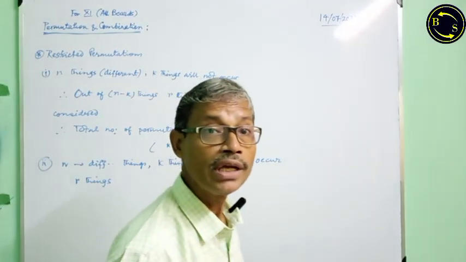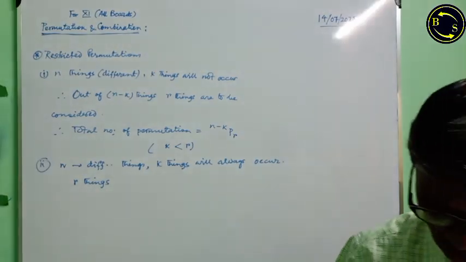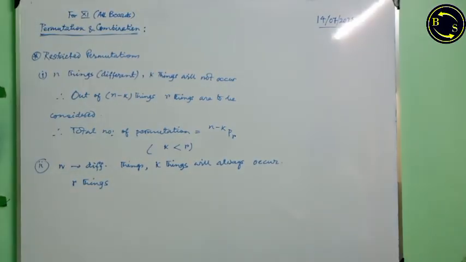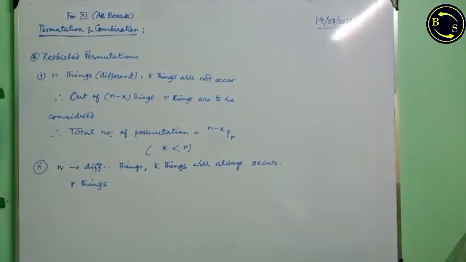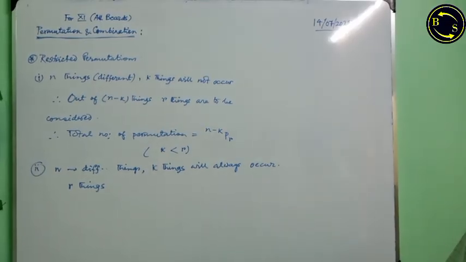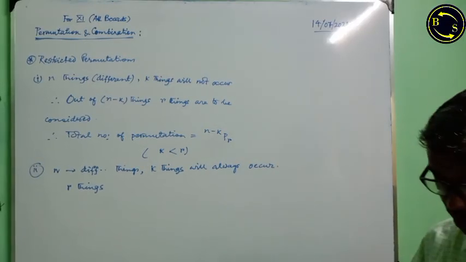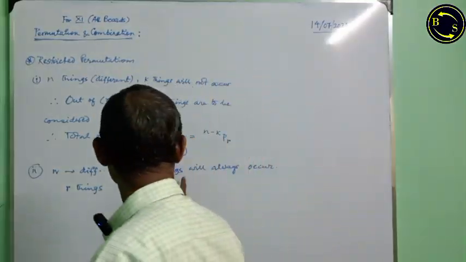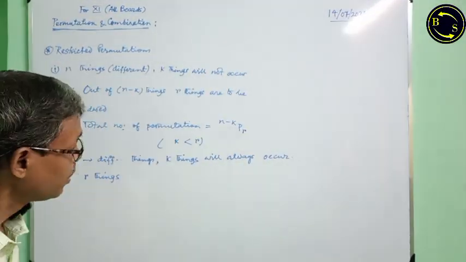R things are to be taken. Then total number of permutation: first of all, k things will always occur.